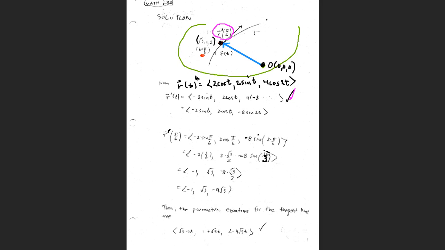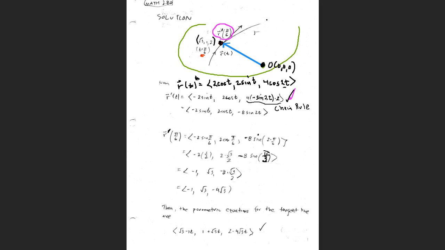Negative sine. Yep, that's right. But then you've got the 2t here, and the derivative of 2t is 2. So this here is by the chain rule, Aura. Okay, now I see. Thank you.